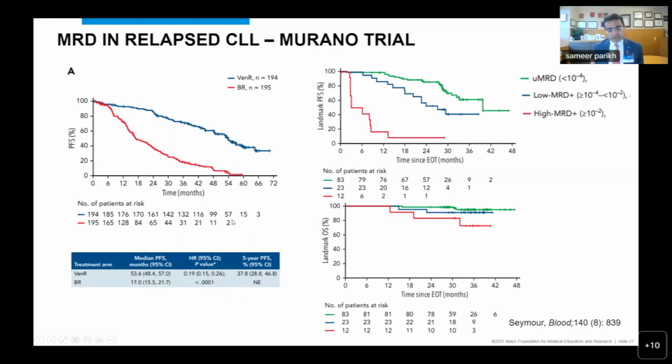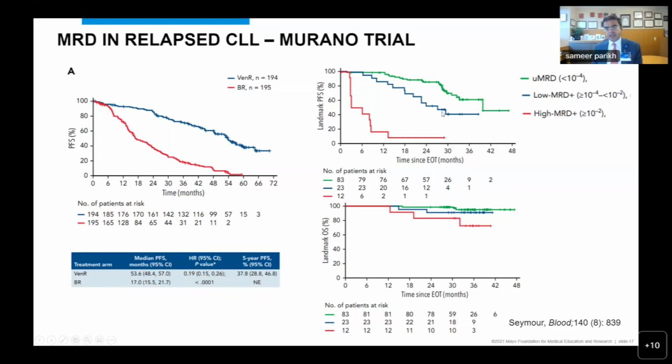Now, if you break down the response of the patients who received venetoclax and rituximab, all of these blue curve patients, according to the MRD status at the end of treatment, you will note on the top right curve that patients who were MRD4 in green had a superior progression-free survival compared to those in red who had high MRD status.